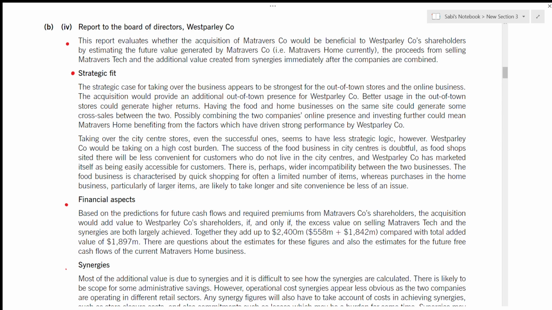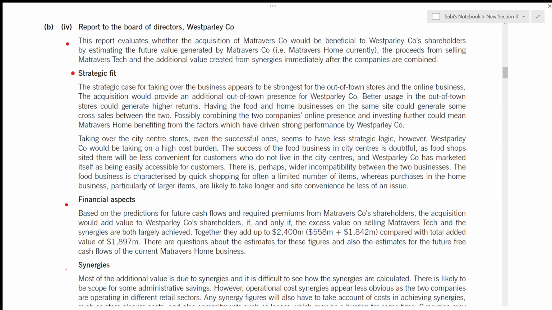So there is perhaps wider incompatibility between the two businesses, between Matt Rivers and West Valley. The food business is categorized by quick shopping for often a limited number of items, whereas purchases in the in-house business, particularly larger items, are likely to take longer and site convenience may be less of an issue. Now, this is nothing but your common sense.